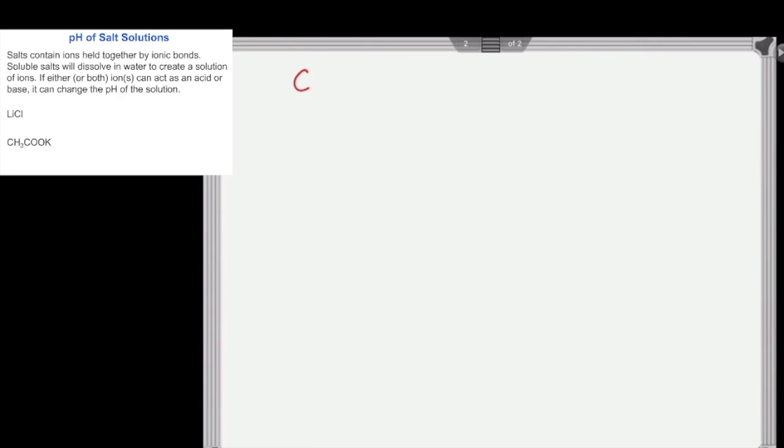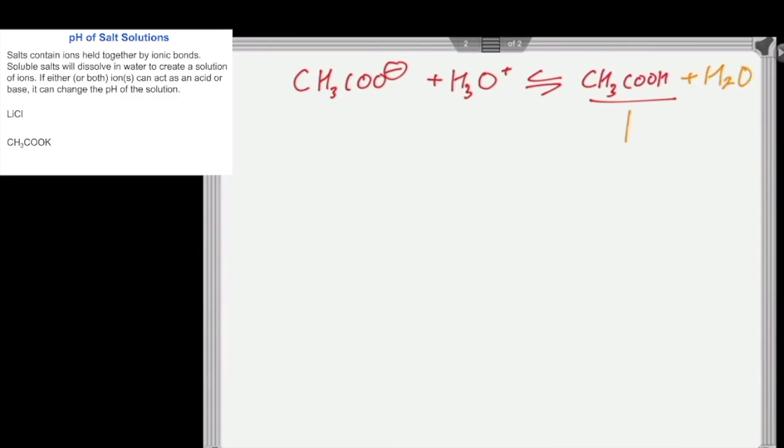CH3COO-. We've seen this as acetic acid. Normally, it would be from the acid-base equilibrium of acetic acid. We recognize acetic acid, and acetic acid is a weak acid.